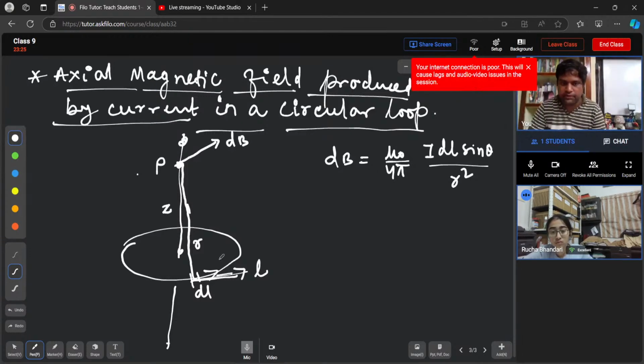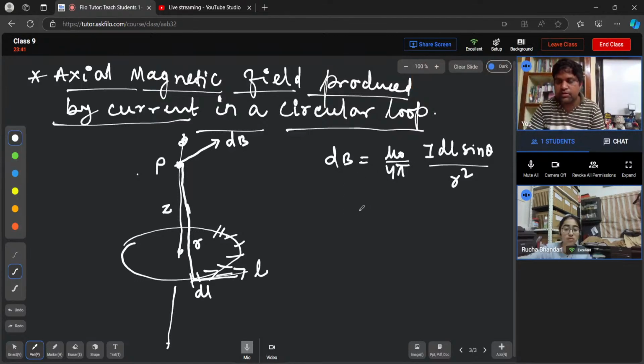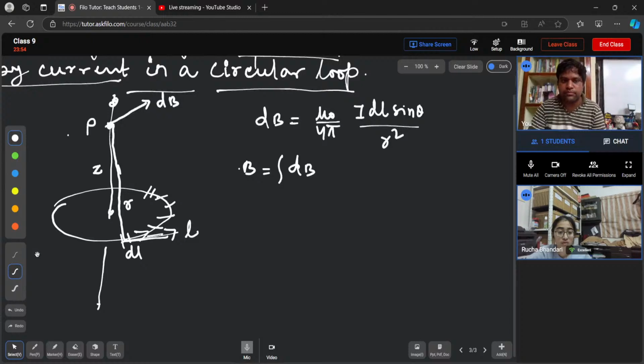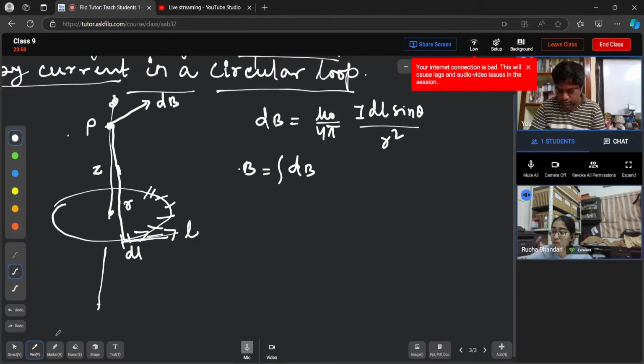Here at point P, we need to integrate over the complete circle.